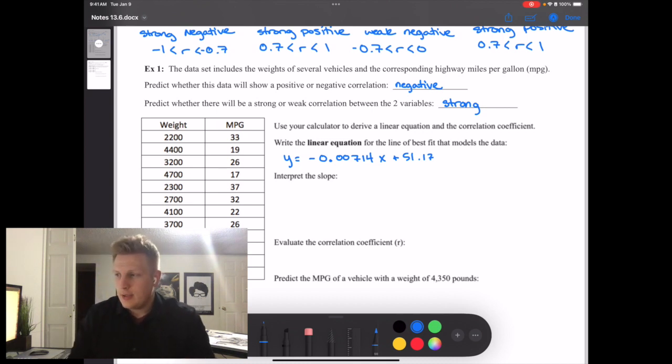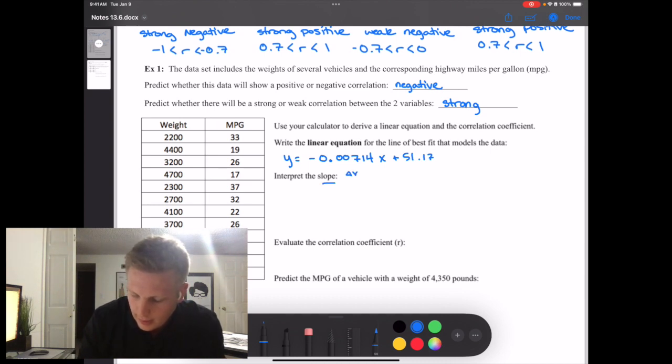Now the next part, it says interpret the slope. Really what we mean is looking just at that a value. Can we add some description to what this means? Slope, let's remind ourselves, is our change in y over our change in x.